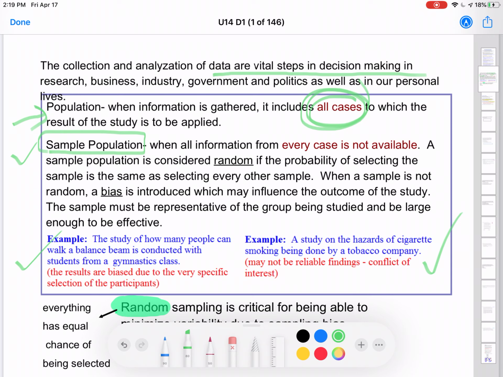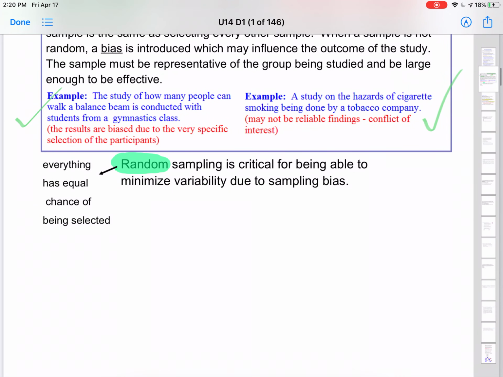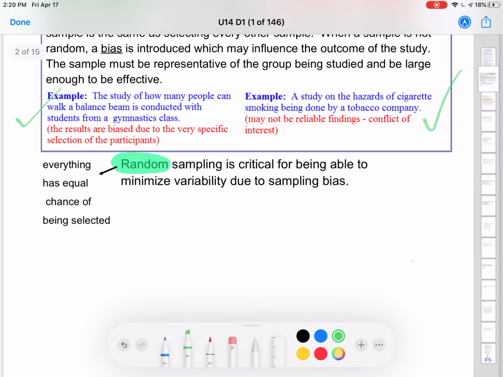That would totally be biased as well because they don't want to show that smoking is bad for us. Okay, so we always want to look for that bias and make sure that we do have indeed random sampling. All right, random sampling is critical for being able to minimize variability due to sampling bias. If we don't have random sampling, the study isn't worth anything. Everything has to have an equal chance of being selected.